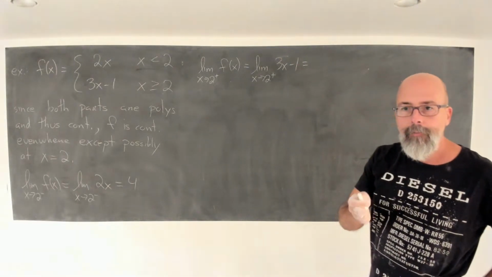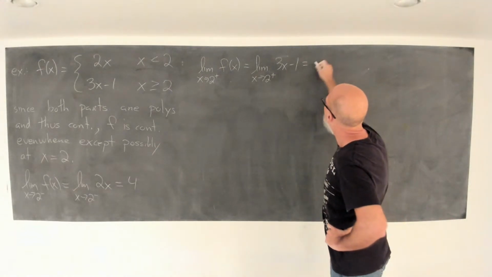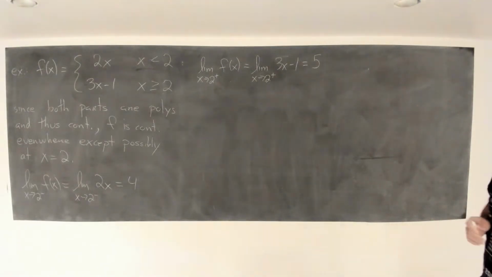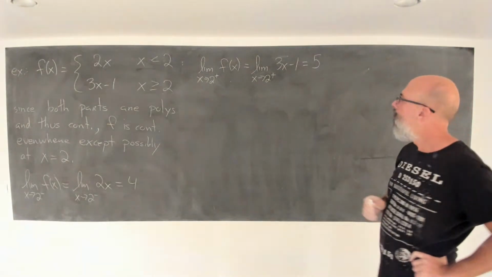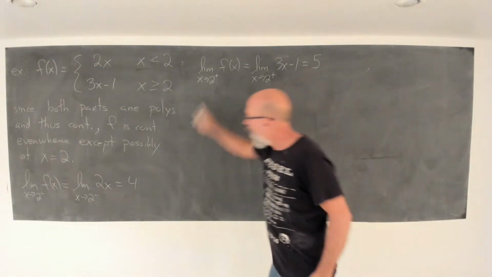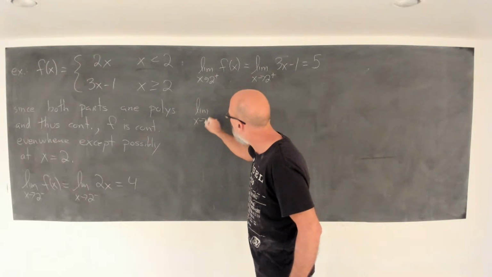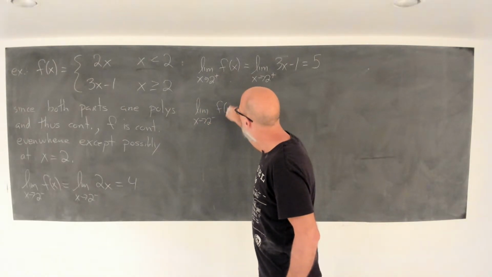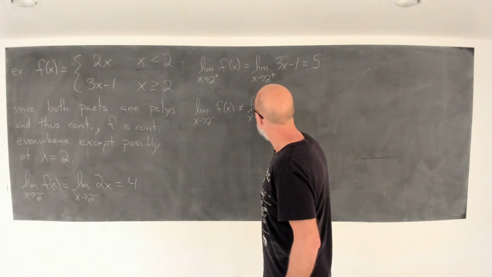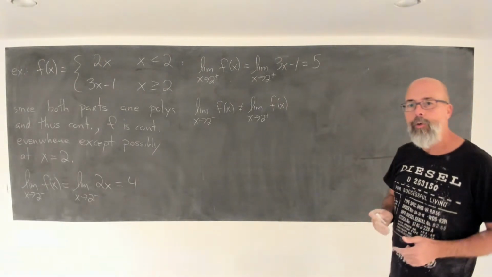Whose limit is 5. People are way ahead of us, even with the lag, very nice. So you're already done. The limit from the left is not equal to the limit from the right. So your function is not continuous.